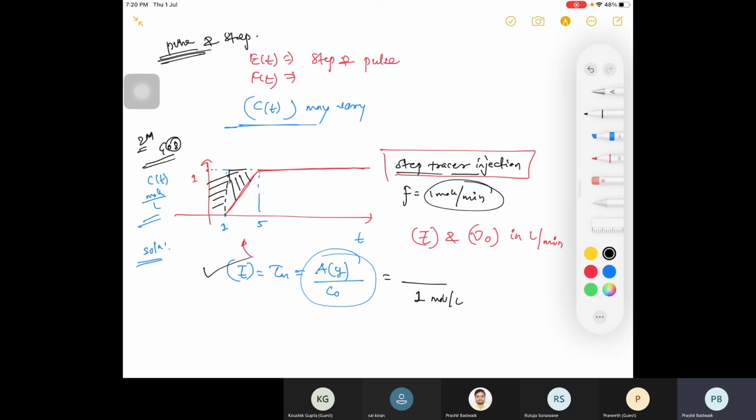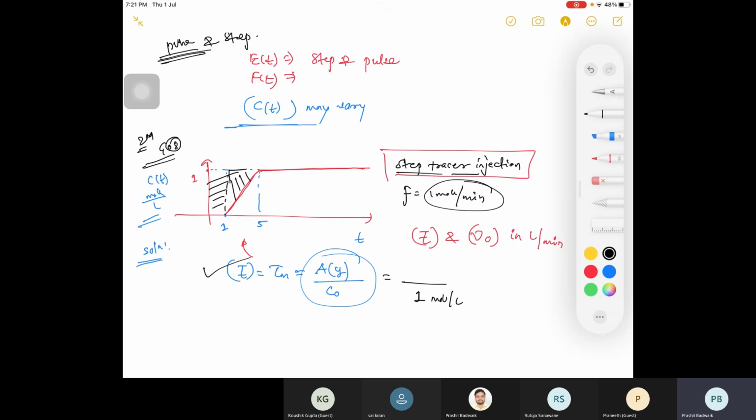Okay, so this was about today's class. We'll start with ideal PFR with step tracer injection in the next class. I request all of you who are here to revise this again and again, and try to imagine what is happening inside the reactor, and based on your equations, are you able to plot your profile, or if a profile is given, can you guess what is the condition inside?